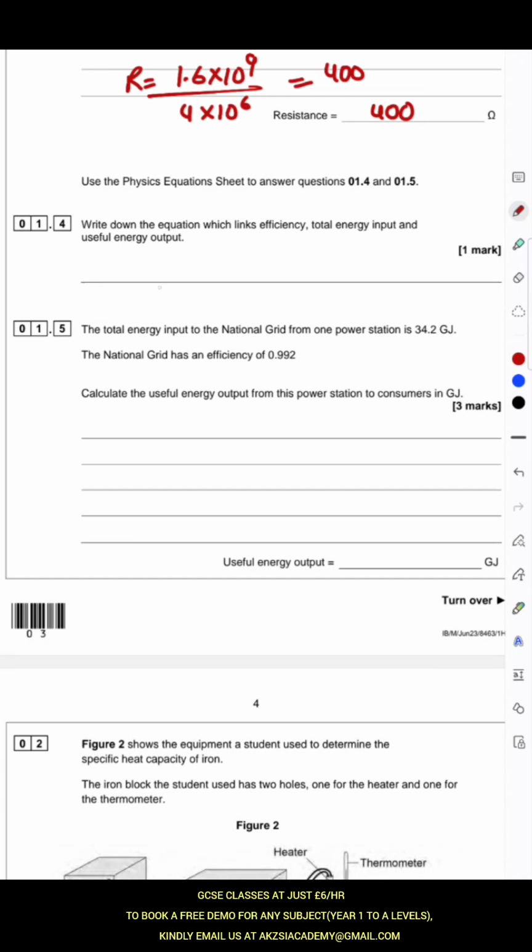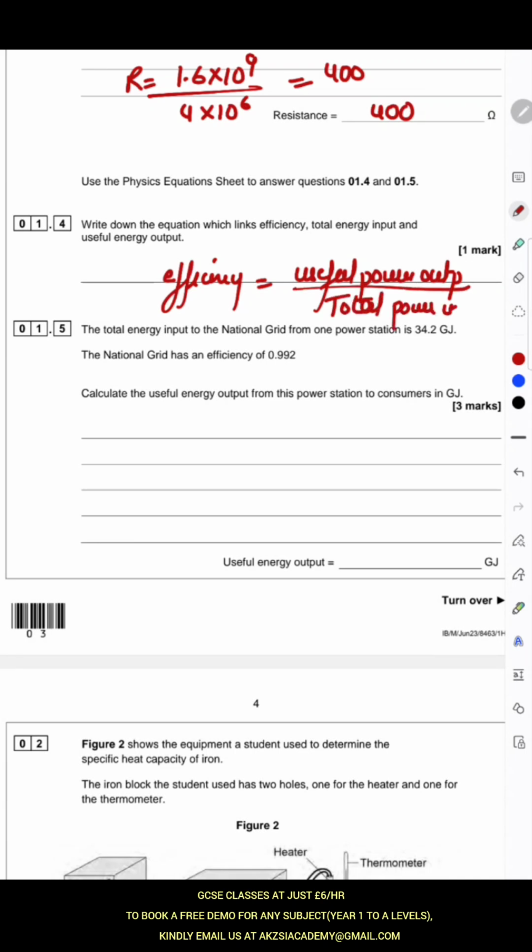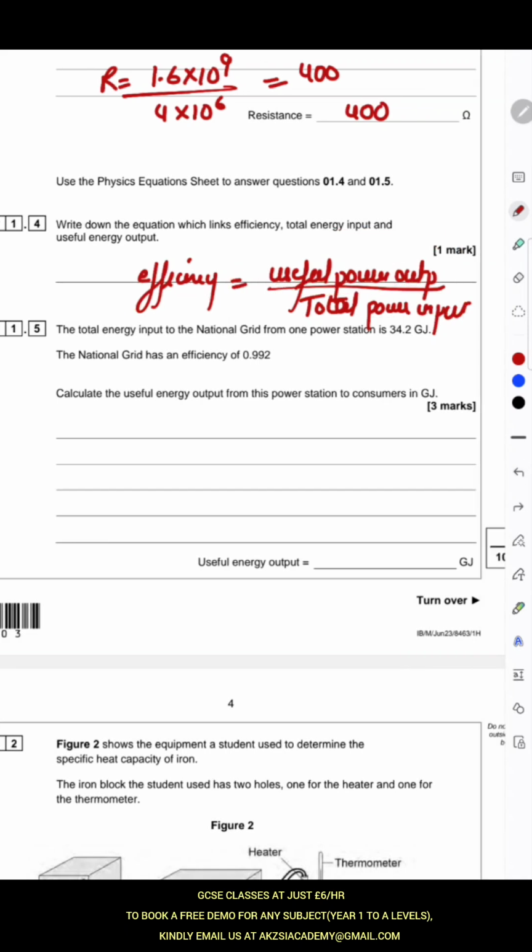From there we understand that efficiency is equal to useful power output over total power input. That means you are giving input power and you want the maximum to be converted, and this shows the efficiency. If suppose 20% is being converted, efficiency will be 20%, and you can say that particular appliance is not very efficient.